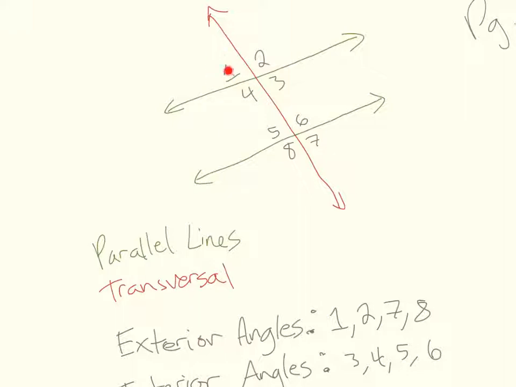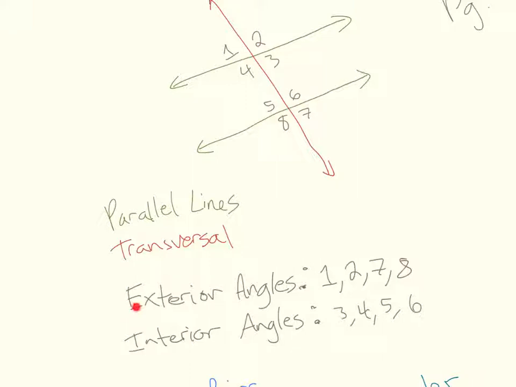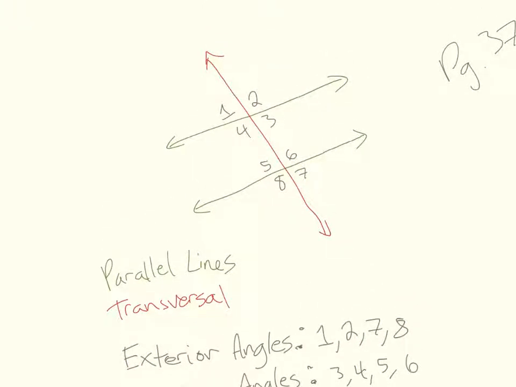And when that happens, we get some angles popping up. And I've actually numbered them here. We've got 1, 2, 3, 4, 5, 6, 7, 8. And those angles have special types of names. In particular, the exterior angles are all of the angles on the outside.